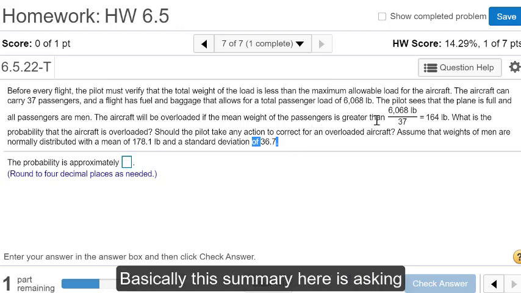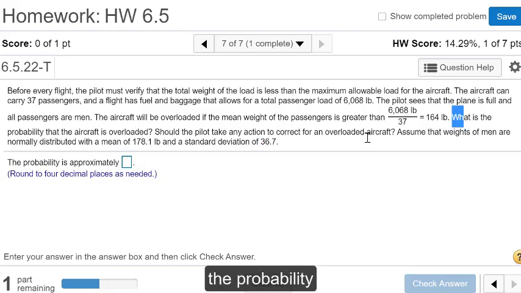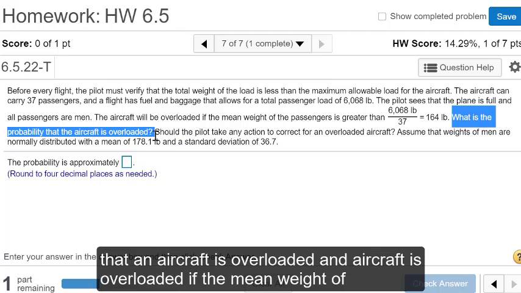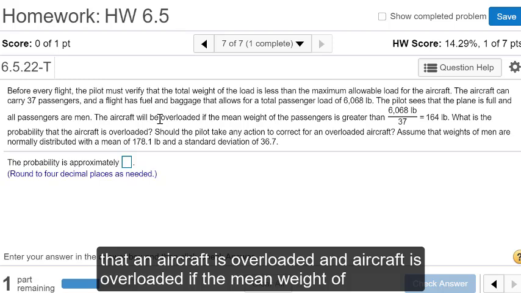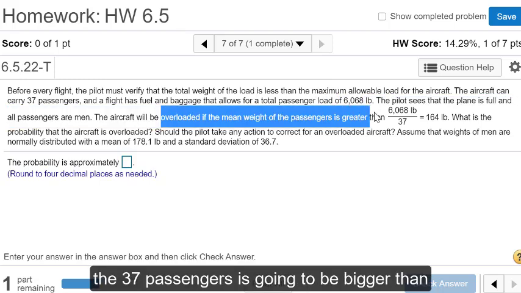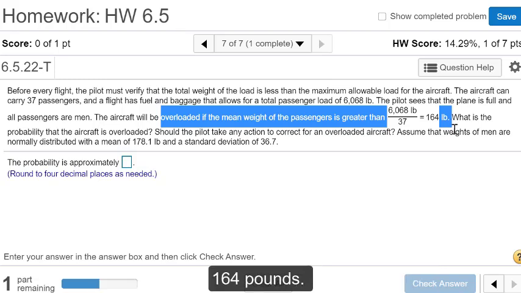Basically, the problem is asking the probability that an aircraft is overloaded, and the aircraft is overloaded if the mean weight of the 37 passengers is going to be bigger than 164 pounds.